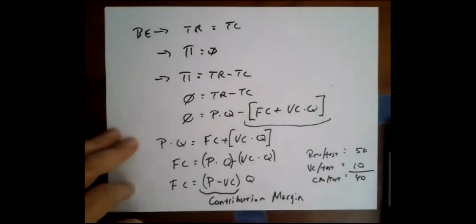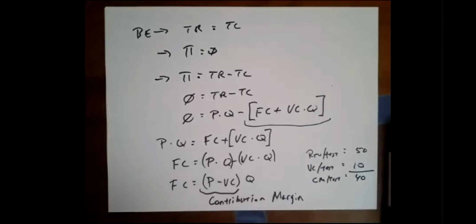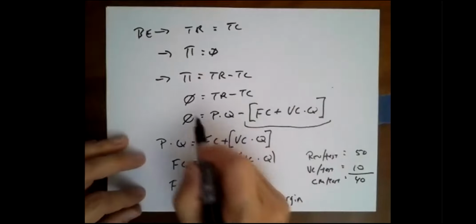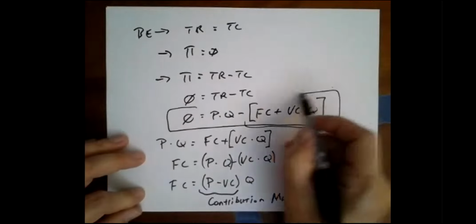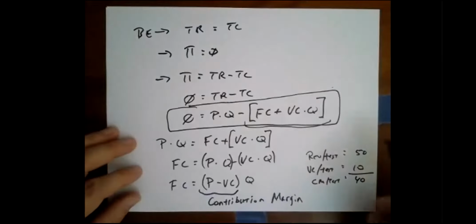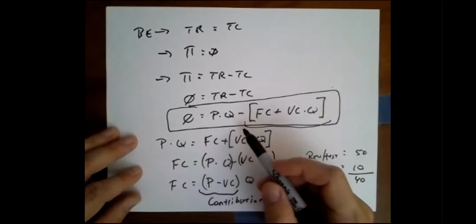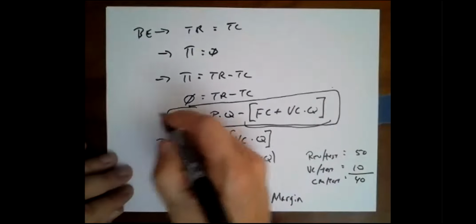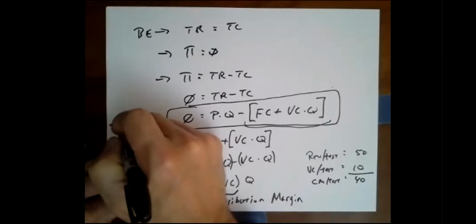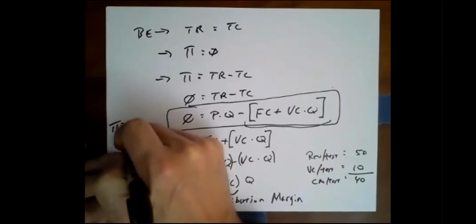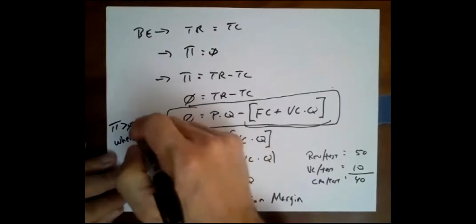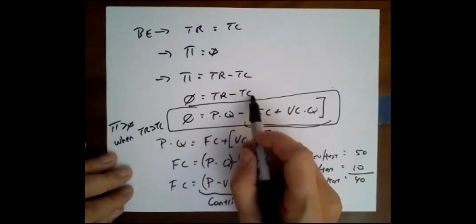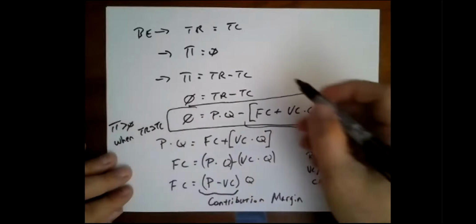So let's make this make sense, right? If we look at this, going back to this version of our formula, when total revenue is greater than total cost, profit is greater than zero.